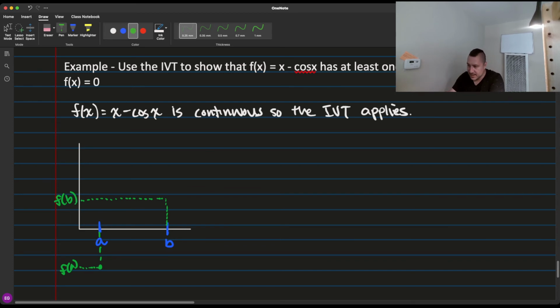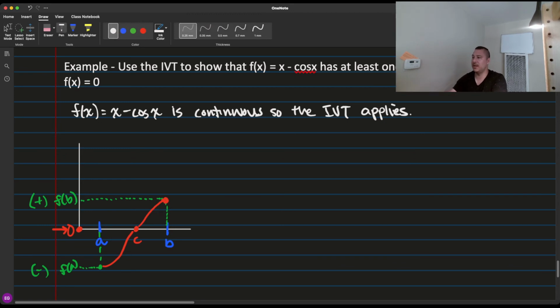Because if f of a is a negative number and f of b is a positive number, we can choose any value intermediate them. 0 is between negative and positive. And the intermediate value theorem tells us that there will be a number c between a and b such that when you plug c into the function, you get the intermediate value that you chose, which was 0. So basically what this means is that the graph starts negative and ends positive, which means that it needs to be 0 somewhere in between.